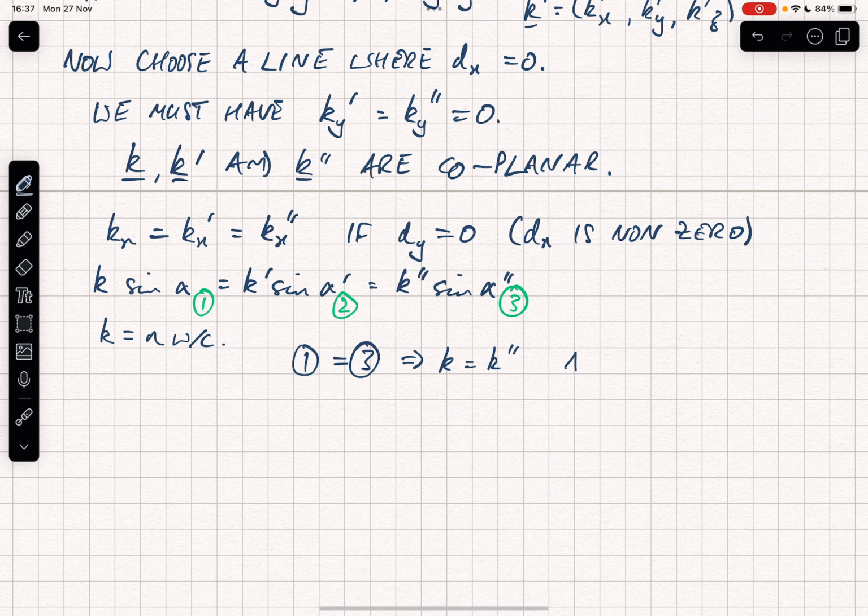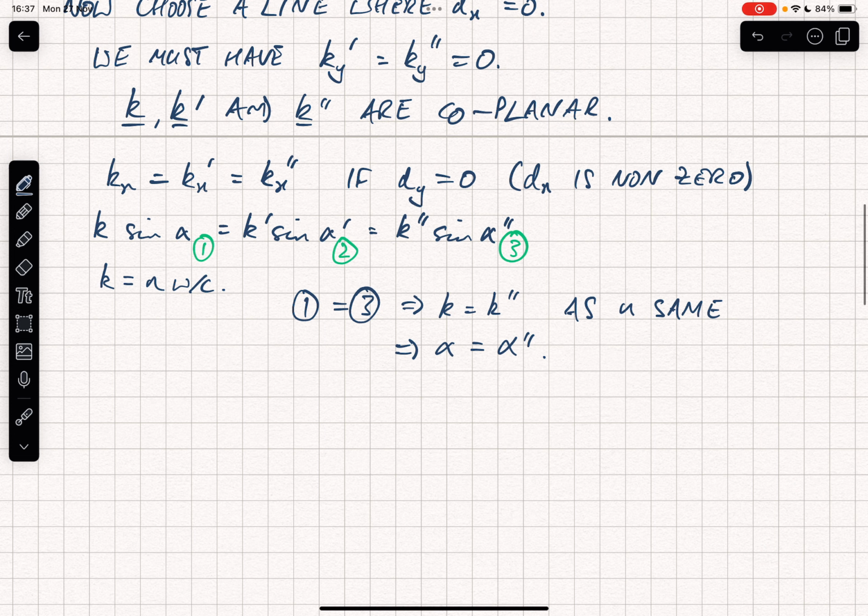That's because n is the same, and therefore alpha must equal alpha double prime. That is the second law of optics, if you like. That is that the angle of reflection is equal to the angle of incidence.